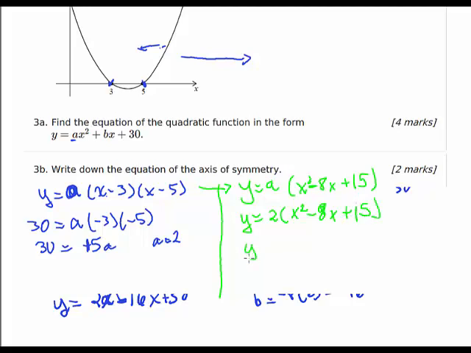And again, we get 2x squared minus 16x plus 30. And there we get the same equation. A is 2, B is -16.